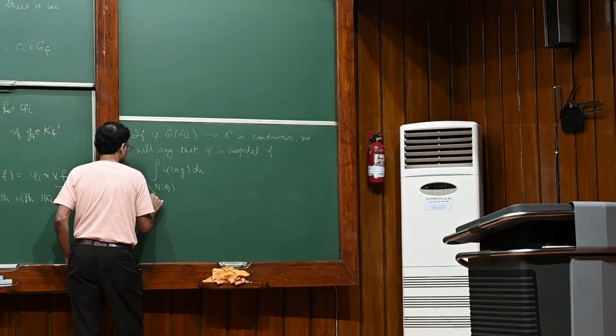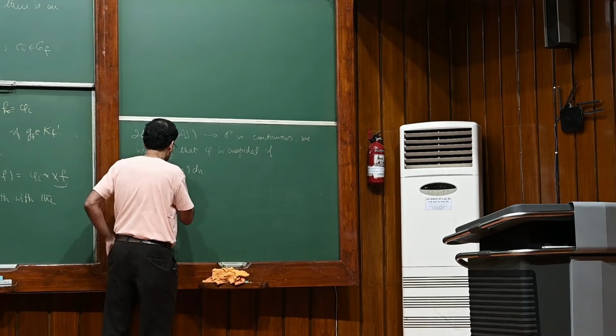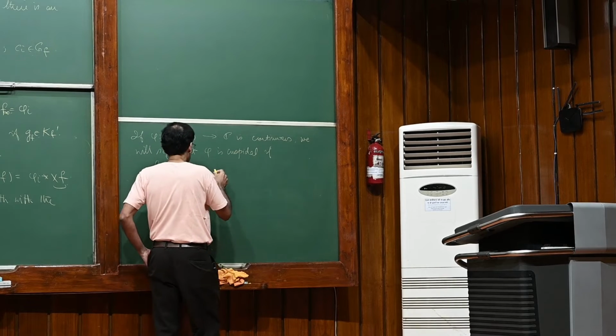over N_A by N_F. So N_A by N_F is of course going to be a compact group. N is a unipotent group.